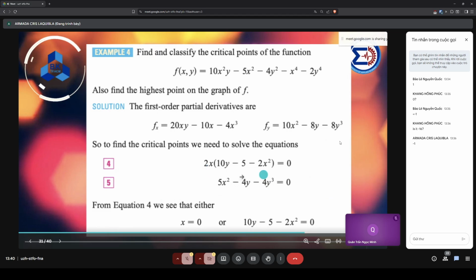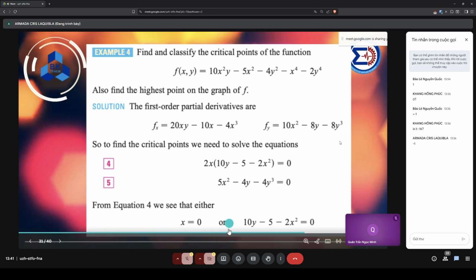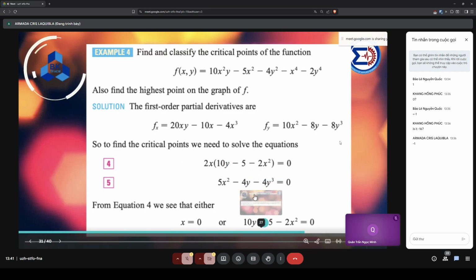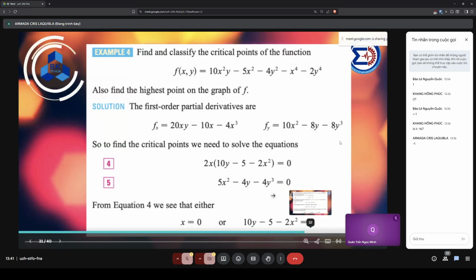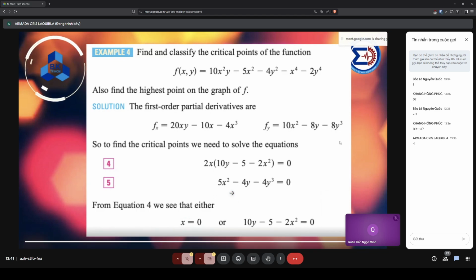Now we pair them. First, 2x is equal to 0, and we can solve that x is equal to 0. And another, for equation 4, we have this 10y minus 5 minus 2x squared is also equal to 0. So we have there two cases. So first, x is equal to 0. You substitute it here in the number 5 equation. Again, you have to combine the fourth equation and your fifth equation, right?